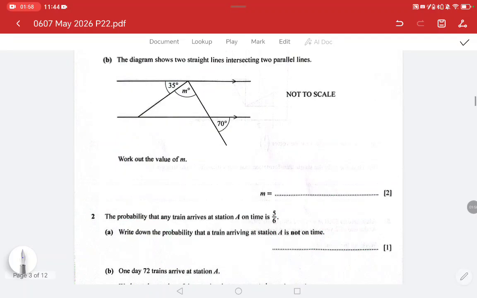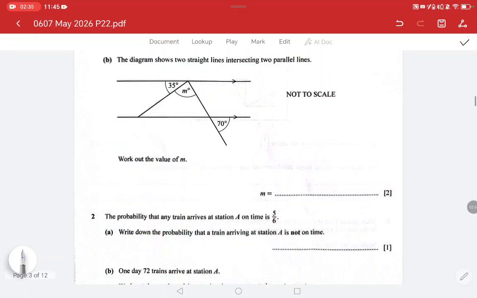When you look at this question, you should remember that in parallel lines we have co-interior angles like C, and vertically opposite angles like X. And we have alternate angles like Z, and corresponding angles like F. So this is just F, Z, X, C, to make you remember and memorize it.